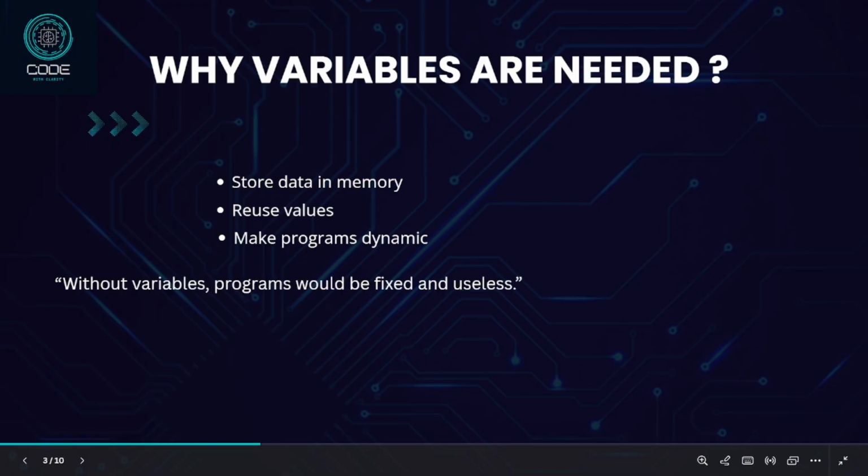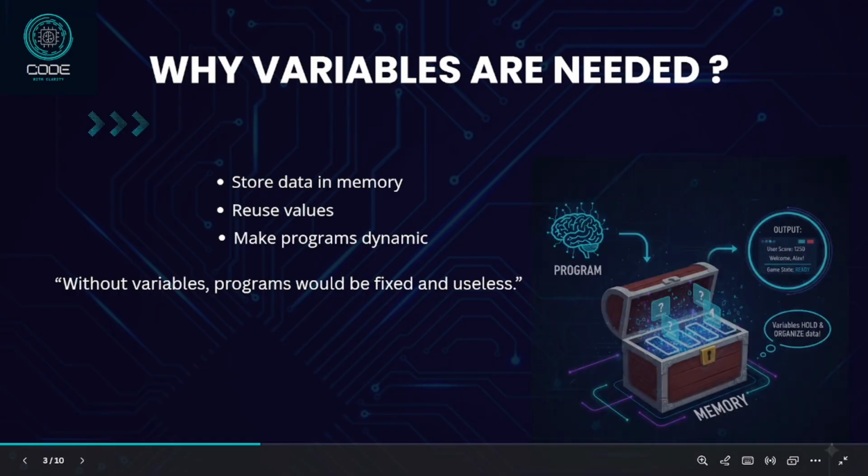सेकेंड, we can reuse values. Instead of writing the same value again and again, we store it once in a variable and use it whenever we need it. Okay, so this makes our code cleaner and smarter. और third reason है variables make programs dynamic. अब dynamic मतलब क्या? अभी age है आज 25, tomorrow it can be 30, so we just change the value, not the entire program.